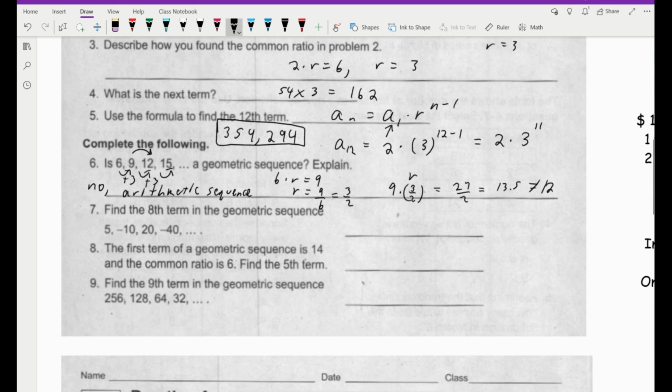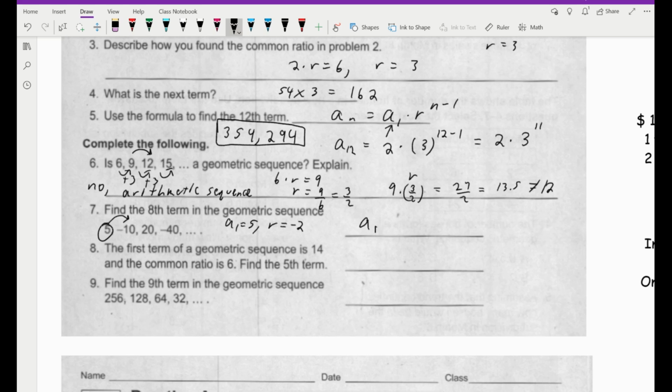Number 7, find the 8th term in the geometric sequence. Well, we first have to identify the first term, which is 5, and we have to figure out what the common ratio is. What would you multiply to get to negative 10? Well, if you multiply by negative 2, so we know the first term is 5, and the r value is negative 2.